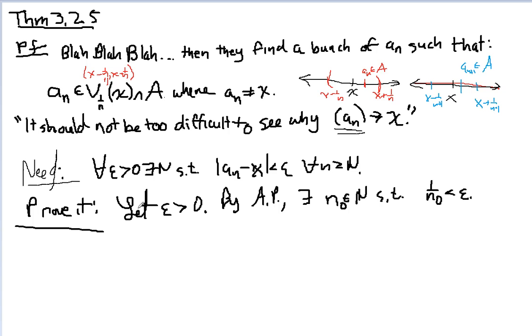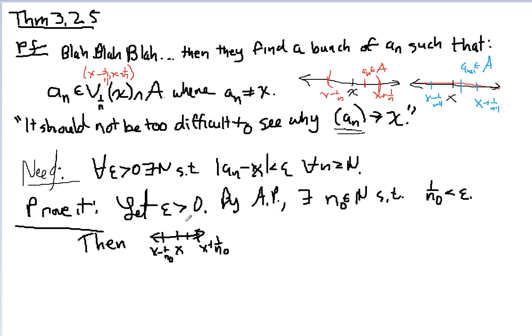Why do I say that? Because epsilon's positive. Then what do I get? Then my picture is going to give me, I'm just going to draw a quick sketch right here. Here's my x. Here's my x plus 1 over n naught, x minus 1 over n naught.